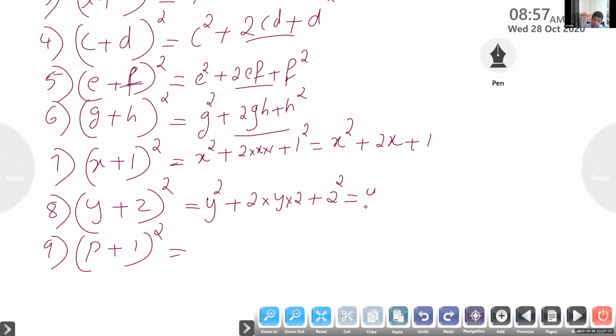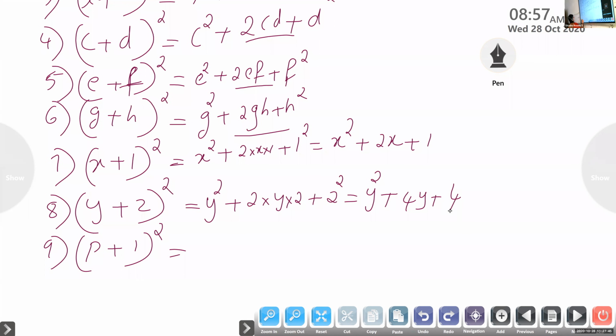Not y2, it is y into 2. 2AB means 2 into A into B. So 2 into y into 2, plus 2 square. 2 square is 4. So y square plus 4y plus 4.